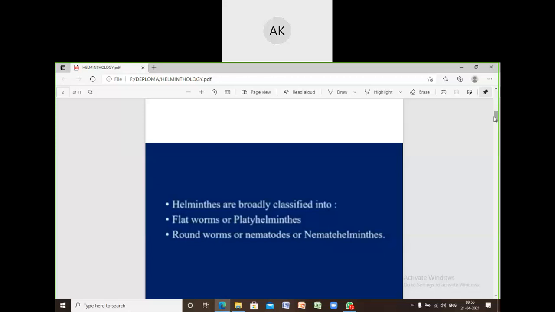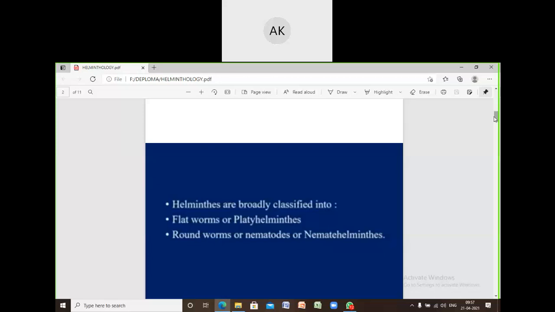Okay, and platyhelminths are like tapeworms and flukes, and nematohelminths are roundworms. They are round in shape, but platyhelminths are flatworms. As the name suggests, platyhelminths are flat and nematohelminths are round in structure.